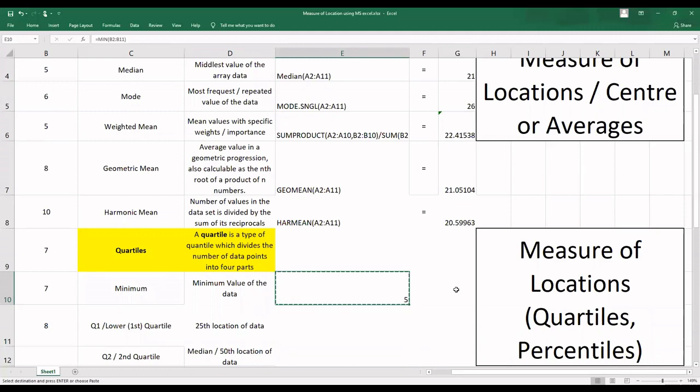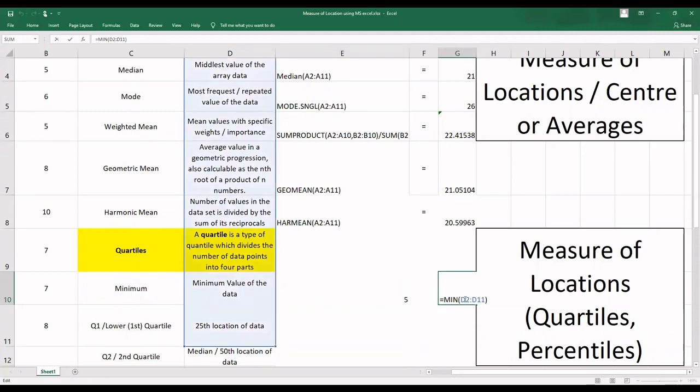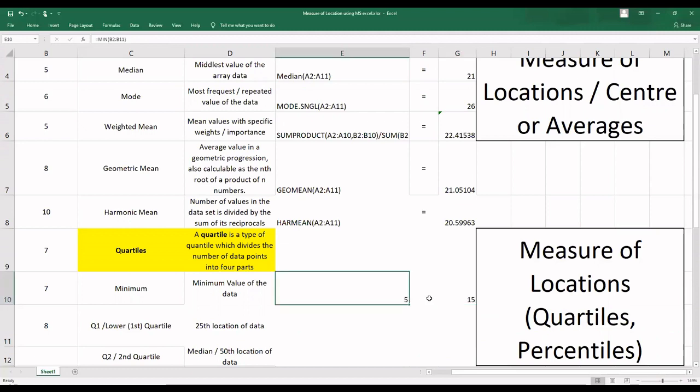Here I'm just using the function. Actually, you can change the location. The data location is the same, and that's why I'm using the same one.